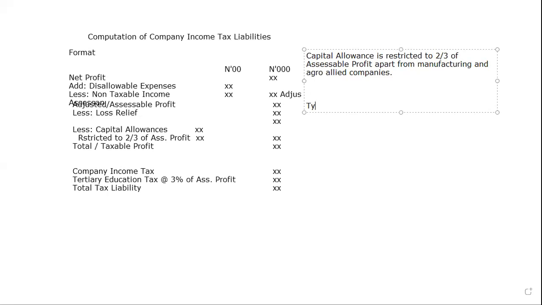When you're talking about the capital allowance, there's a particular assumed figure in that capital allowance. Then you say that it's being restricted to 2/3 of the assessable profit.